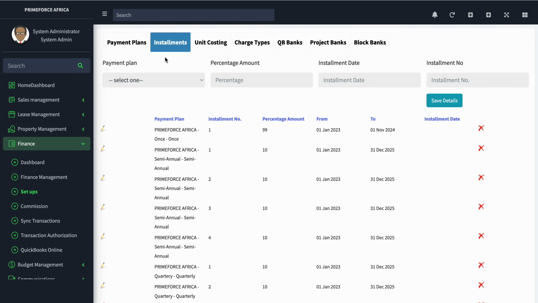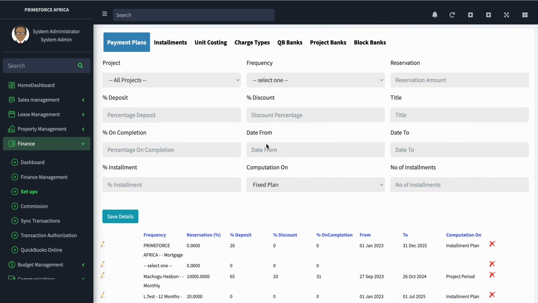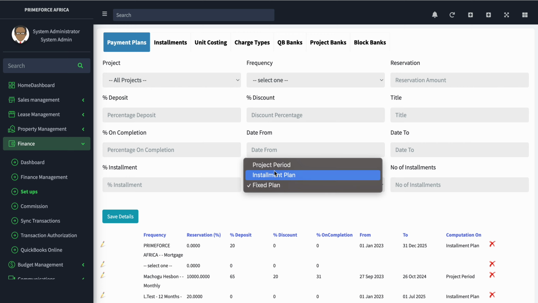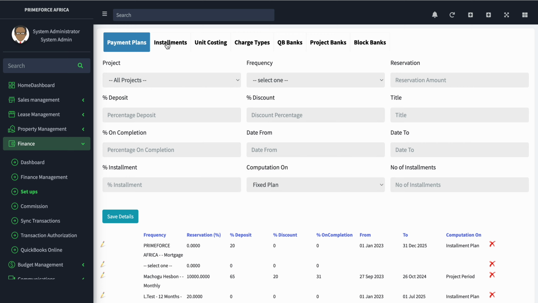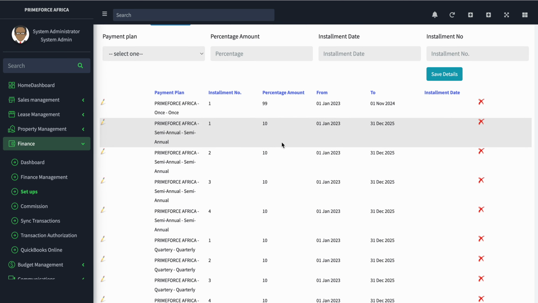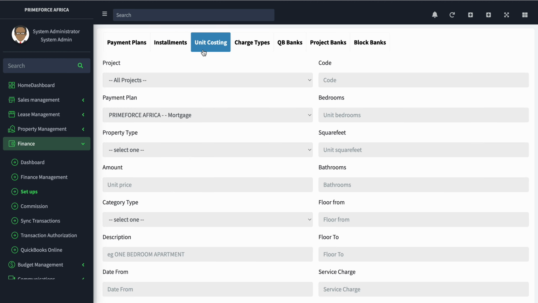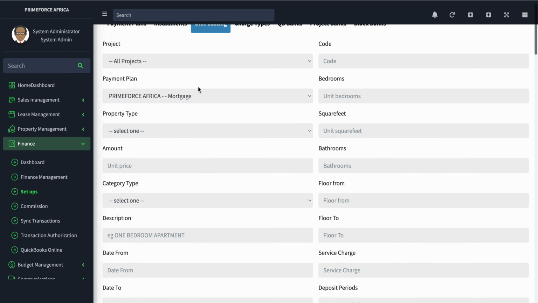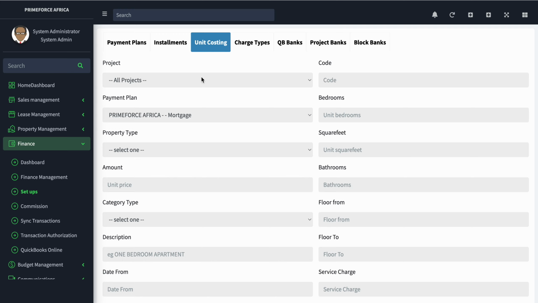The installment plan from this, as stated in the computation plan, which is installment plan, you're also able to define the installment 1, installment 2, installment 3, etc., and define the percentage expected under each installment and the period to which that installment is active. The unit cost, this here determines the cost of each unit as per the project configuration.